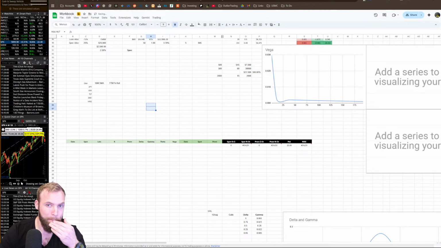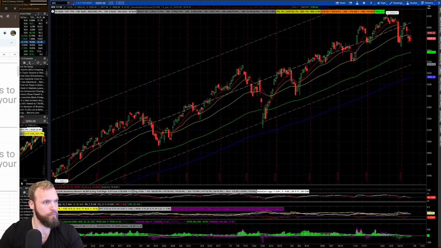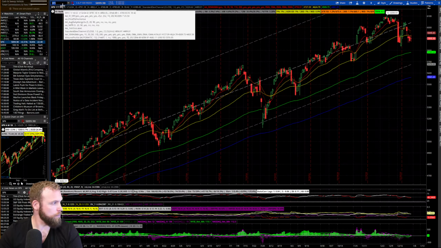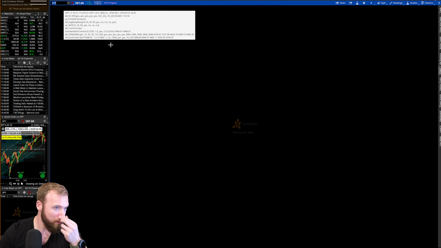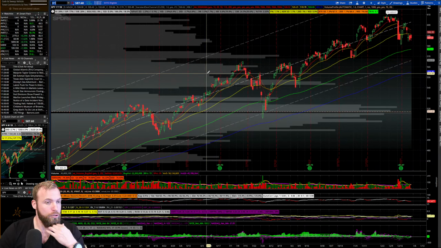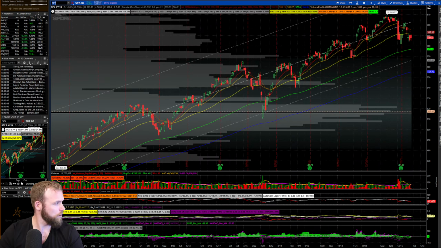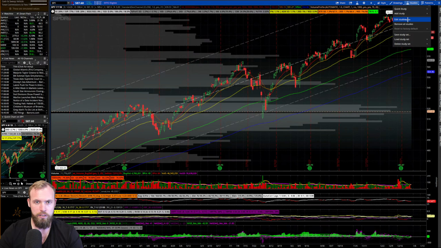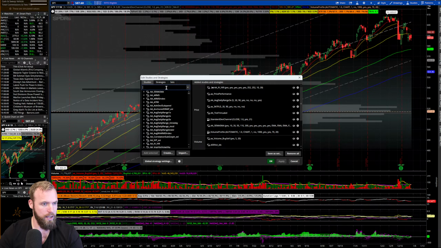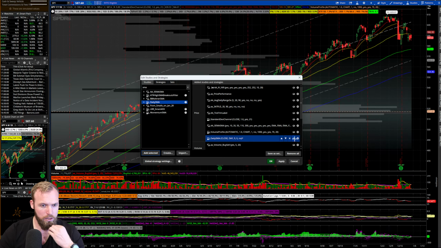All right, I'm going to move this out of the way. Let's begin. SPY. Trailing 12-month return here is 24.36. And for the sake of the study, we will add an SMA.